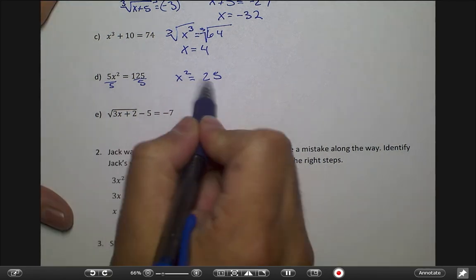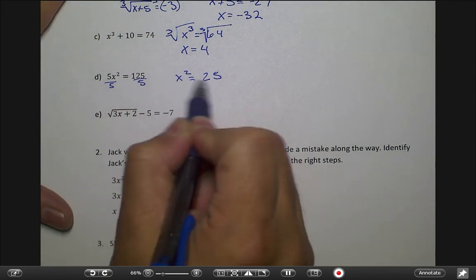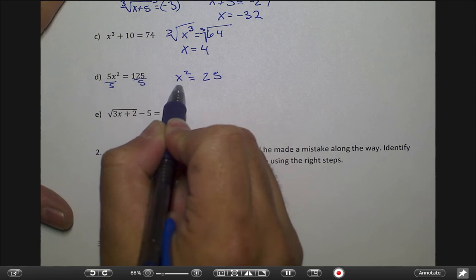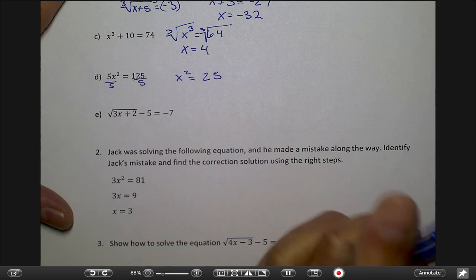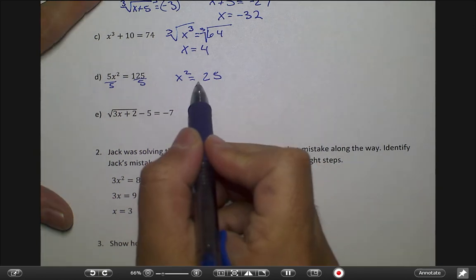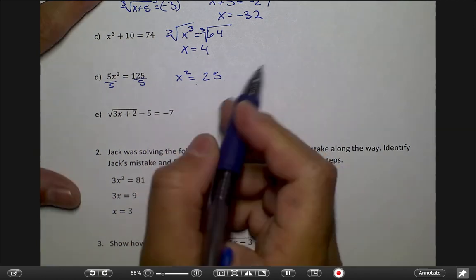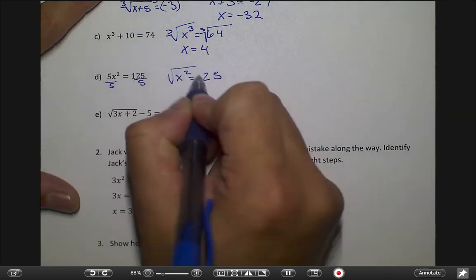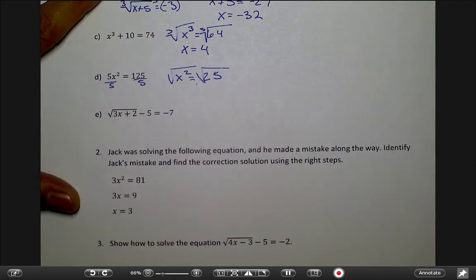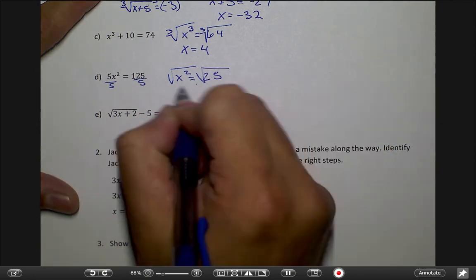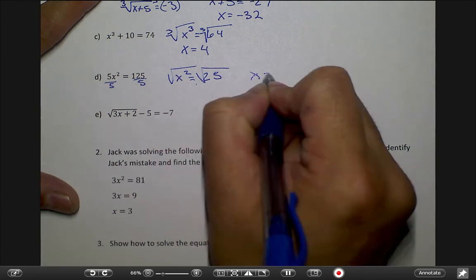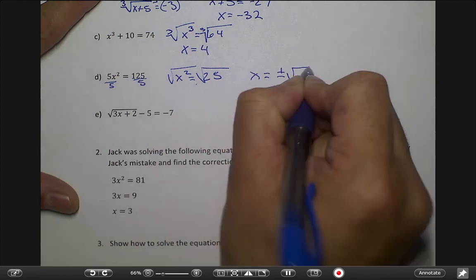So square root both sides, right? This is where a lot of people are going to mess up. When I take the square root of both sides, what do I have to do? When I do the square root, what's going to happen? Positive, negative, plus and minus. So it's going to be x equals plus or minus square root of 25.